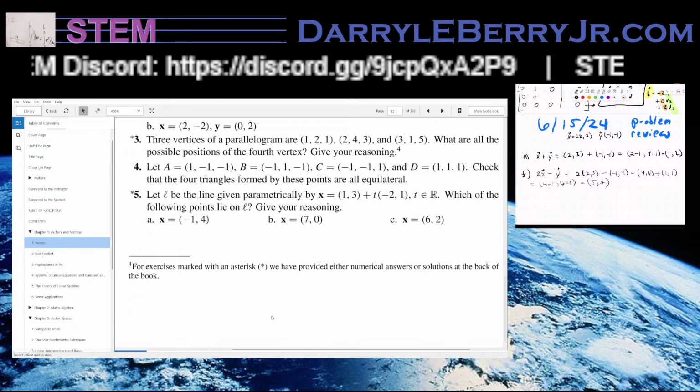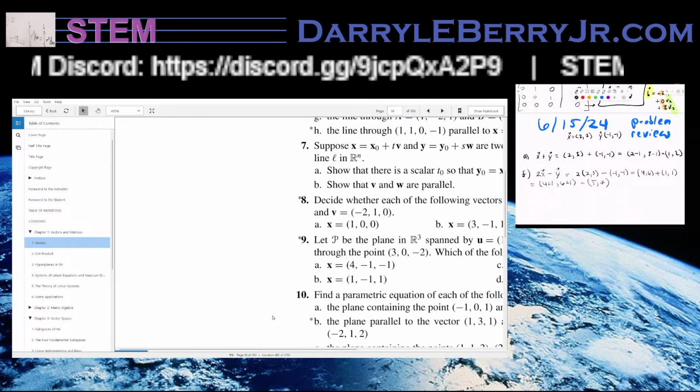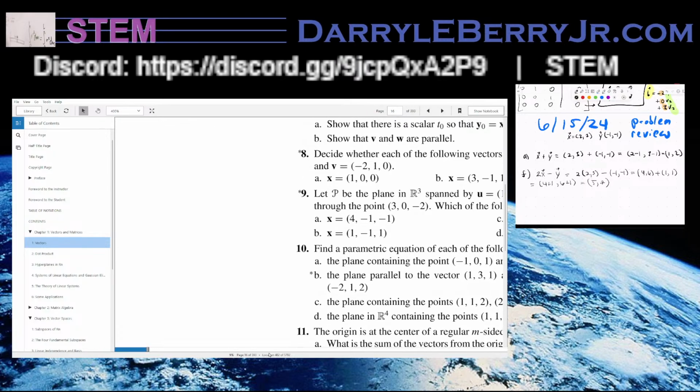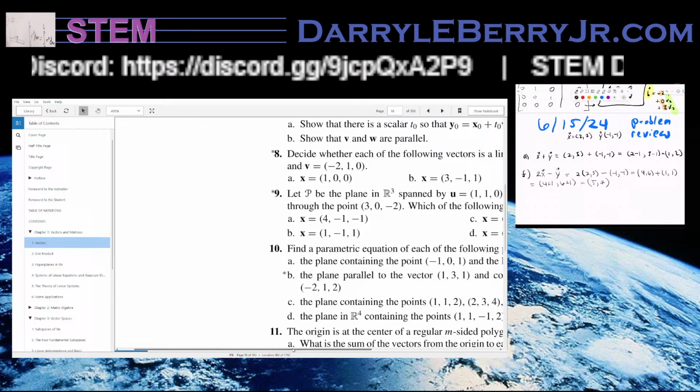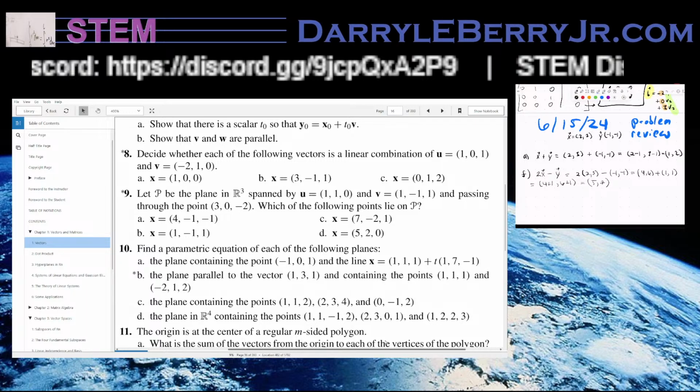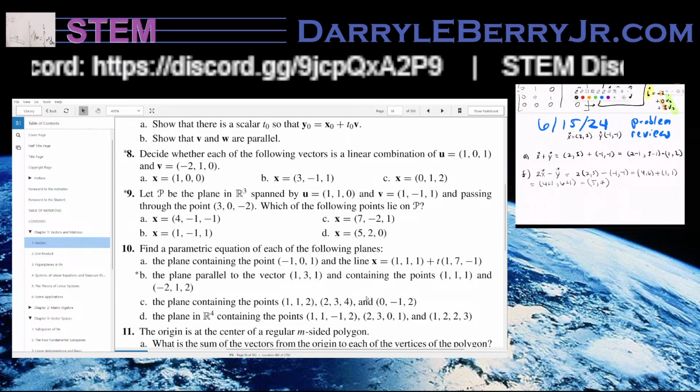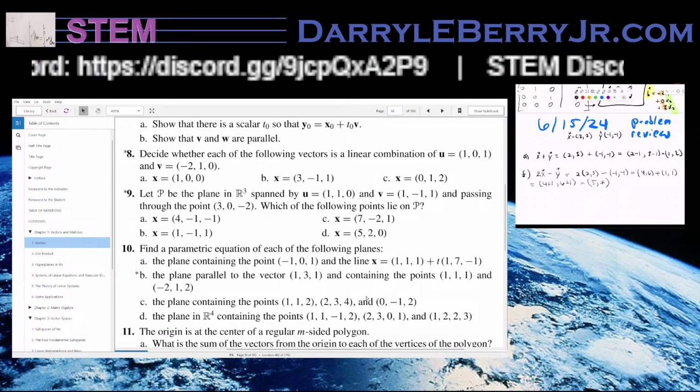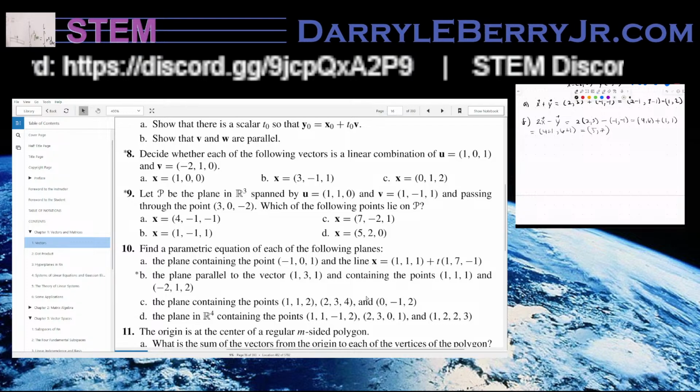I'll go to problem 10. Find the parametric equation of each of the following planes.